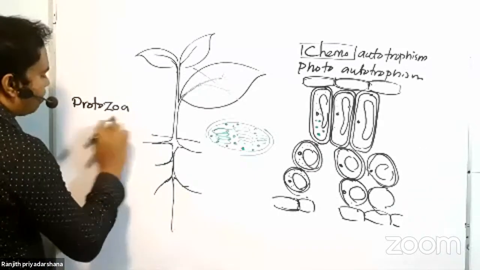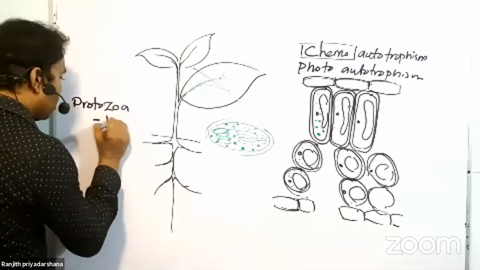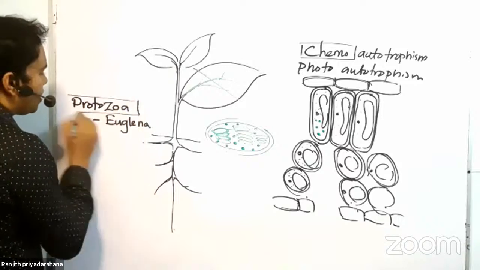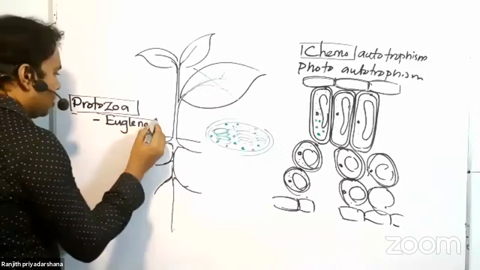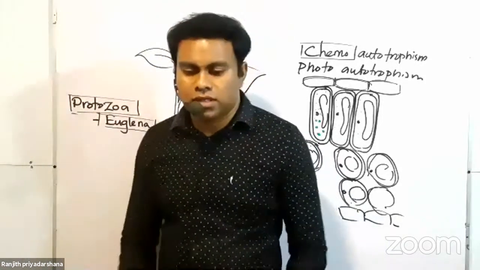All the protozoans cannot produce food by photosynthesis, but Euglena does that.